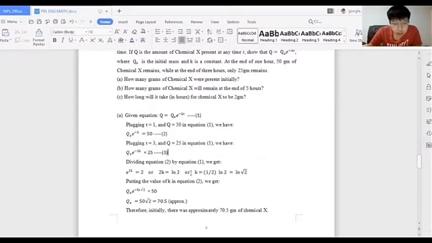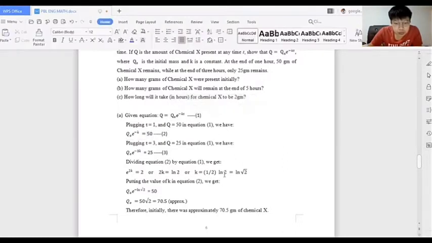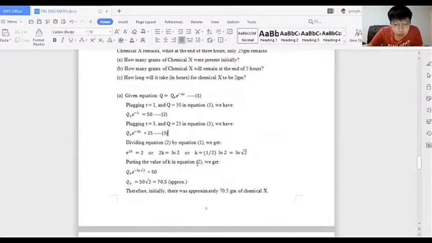In order to get the value of k, we will divide the second equation by the first equation, and we will get e to the power of 2k equal to 2, or k equal to 1 over 2 ln 2.